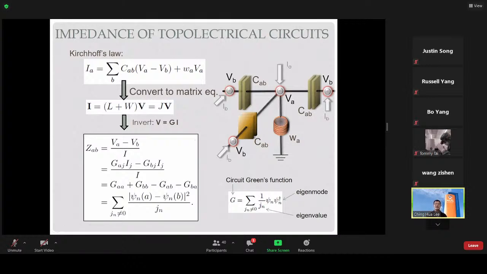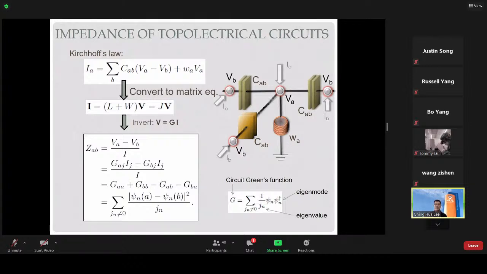And the interesting thing is that if you were to calculate the impedance between 2 points, it can be shown that the impedance between 2 points A and B is given by this general formula where you sum over all the eigenmodes of G or J, and you divide by the eigenvalues, with the numerator being the difference in the eigenmodes.